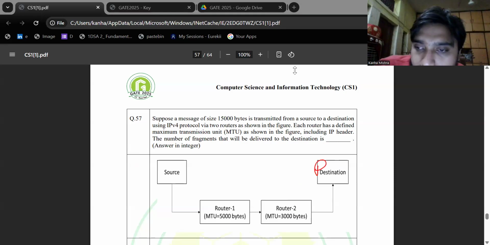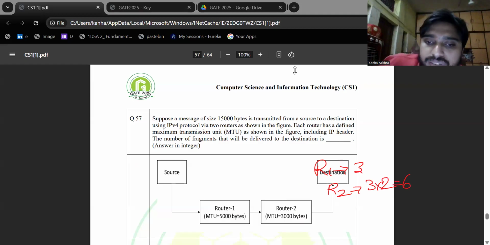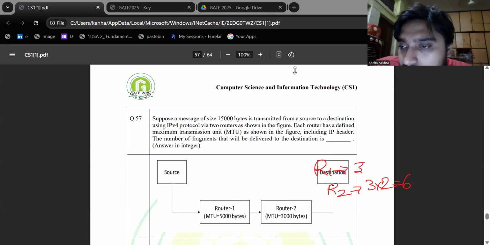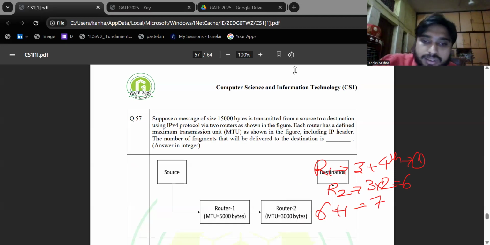So router 1 produces 3 large fragments, which at router 2 become 3 into 2, which is 6. The fourth fragment of 92 bytes remains one piece. So 6 plus 1, total 7 fragments. Hence the total number of fragments delivered at the destination will be 7.